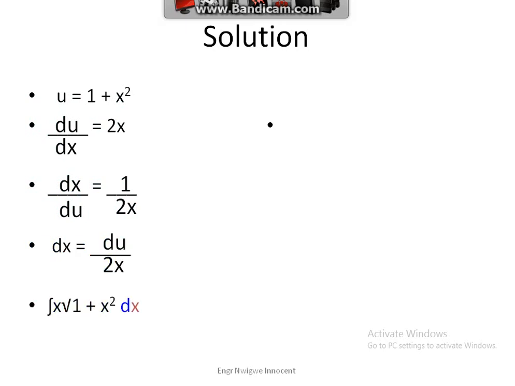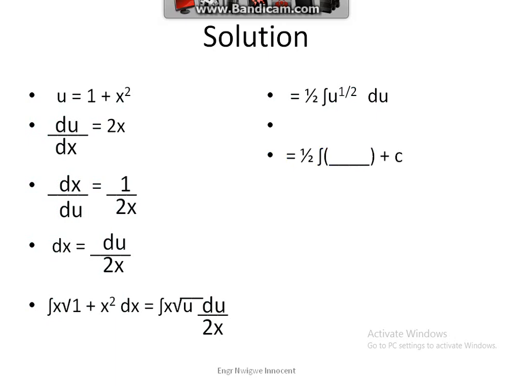The integral of x square root of 1 plus x squared dx is equal to the integral of x square root of u du over 2x, which is equal to half the integral of u raised to the power half du, which is the same thing as half the integral of u raised to the power 3 over 2 over 3 over 2 plus c.